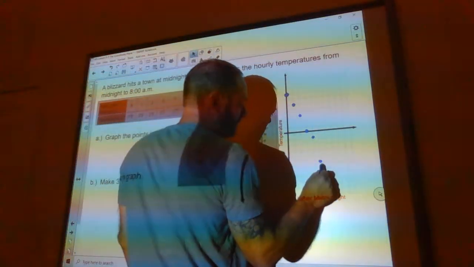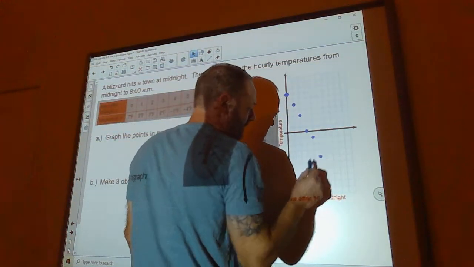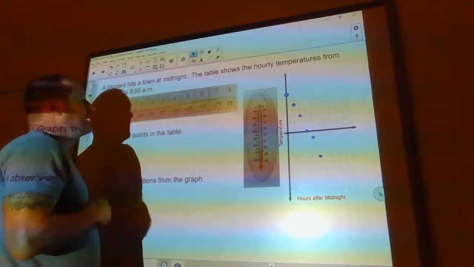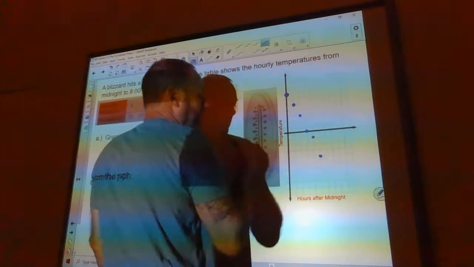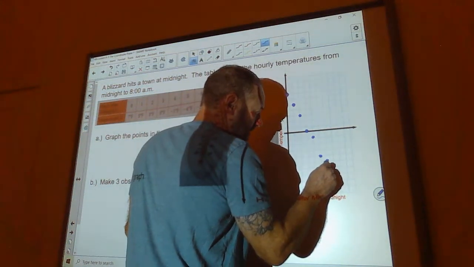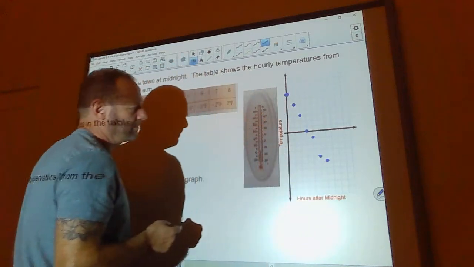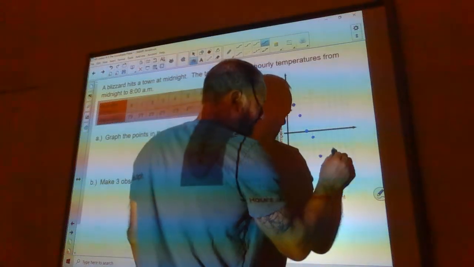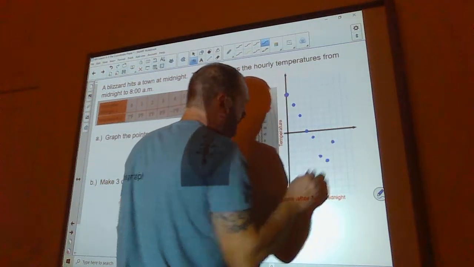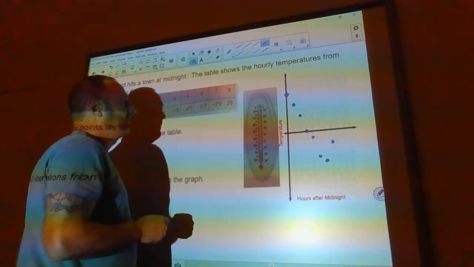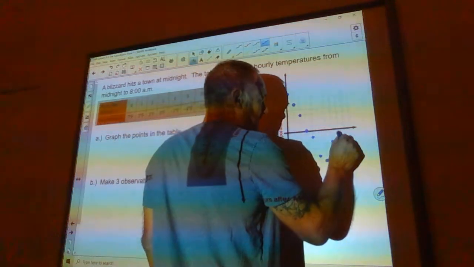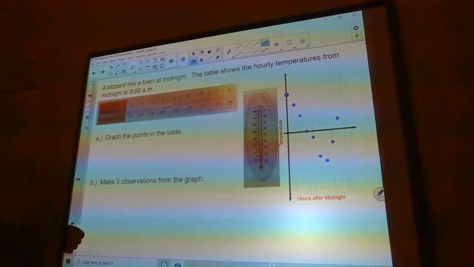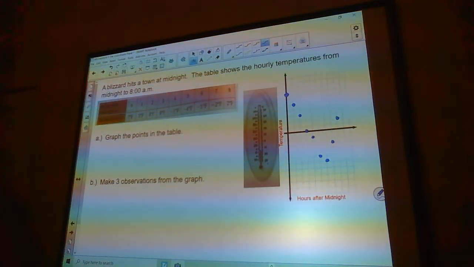So that should be right there. And then 6 hours is -5. 2, 3, 4, 5. Yep. 7 hours, it's -2. And 8 hours, it's 2 degrees. So my graph looks something like that. So we've graphed the points on the table.